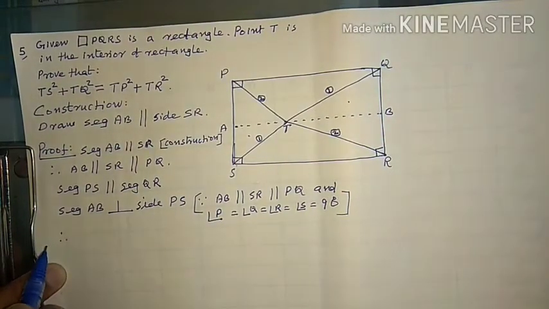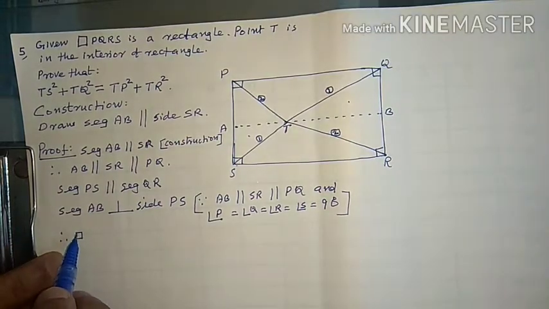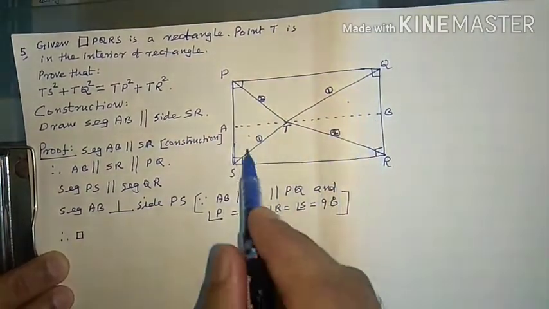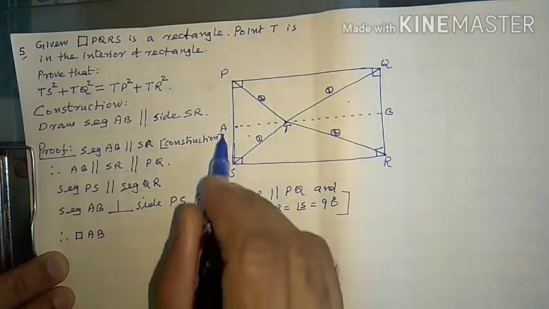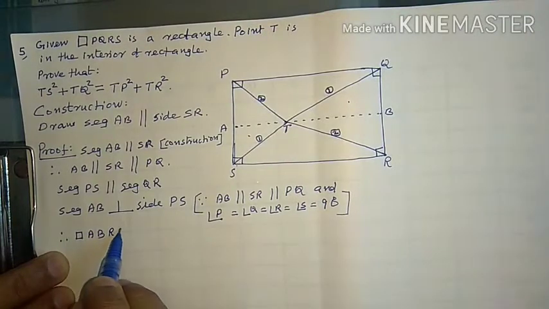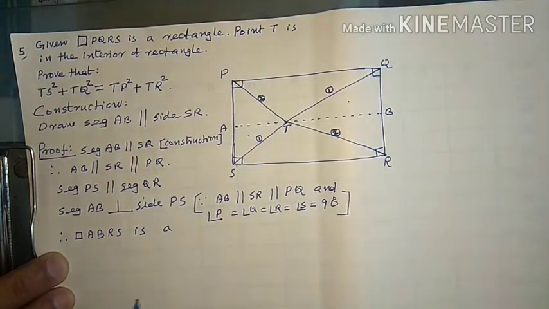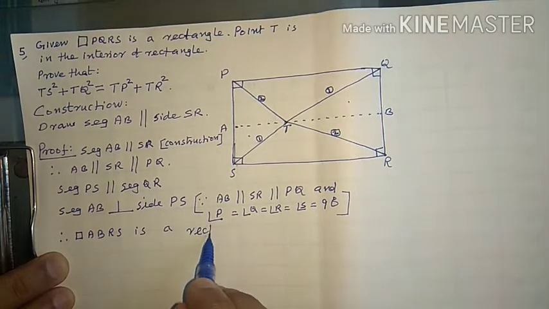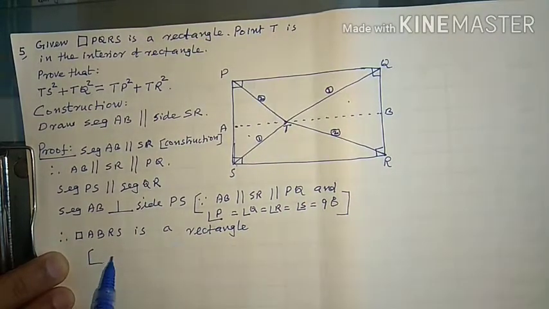Therefore we can say quadrilateral ABRS is a rectangle. Why is it a rectangle?